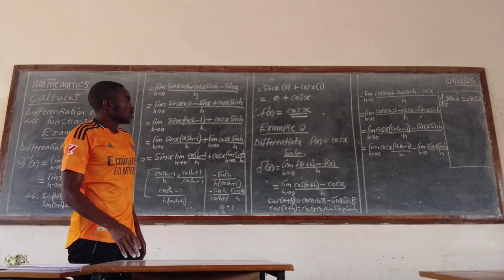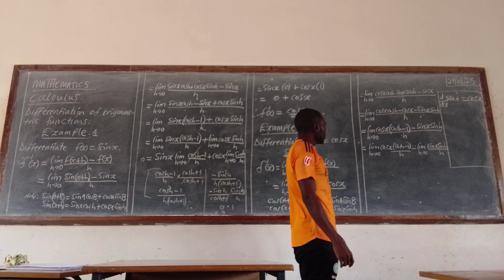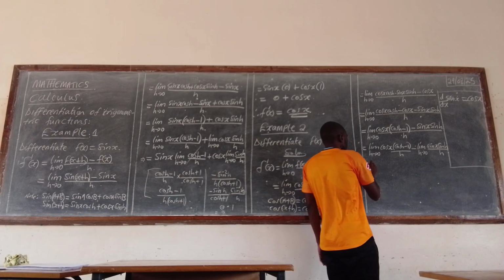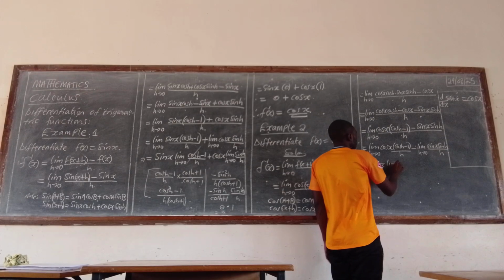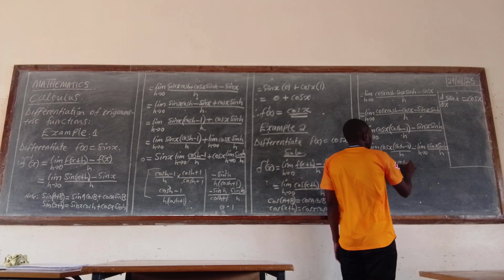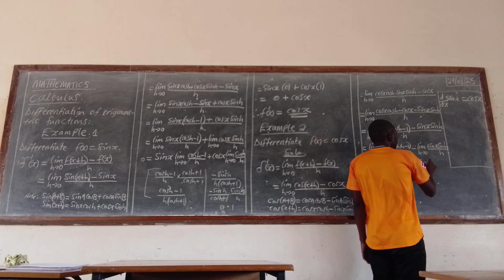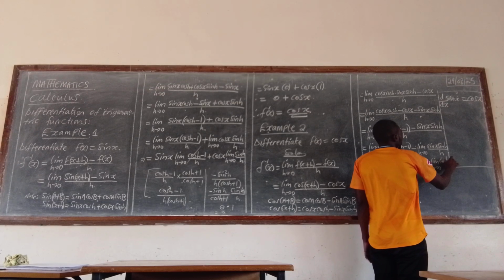Here we can treat cos x and sin x on the other side as constants because they do not have the h in them. So we can factor them out. Cos x, limit as h approaches 0 of cos h minus 1 divided by h, then minus sin x, limit as h approaches 0 of sin h divided by h.